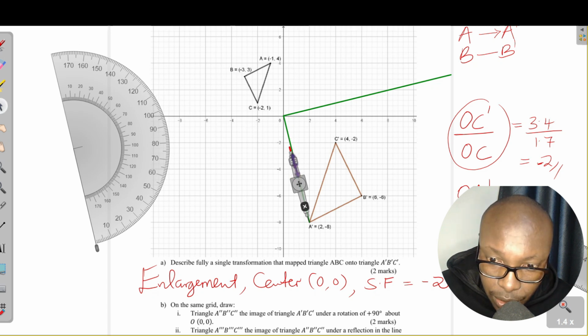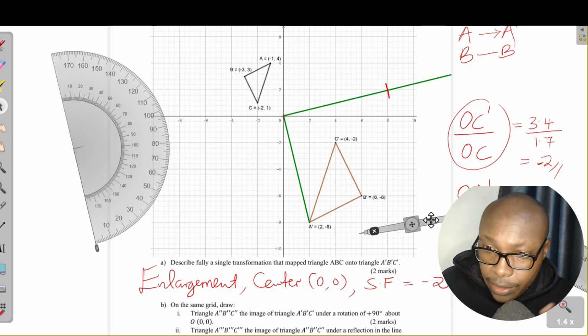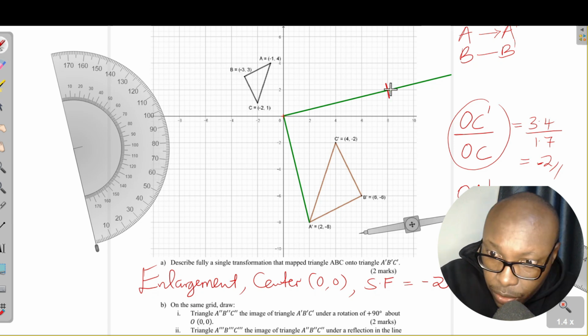So take that measurement from A to O, and then transfer that one, you start at O, and then you transfer that onto the line that you've drawn there. So that is where you're supposed to mark an arc. That is just a small one that you mark. And this will be A double prime.